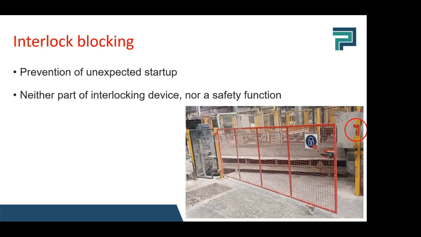Something new in the new standard that was not in the previous standard is interlock blocking. But most of you will already know this because in the right picture, this is a picture from ATEX. This is used for prevention of unexpected startup.